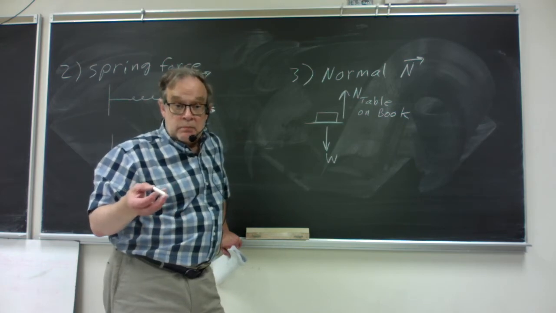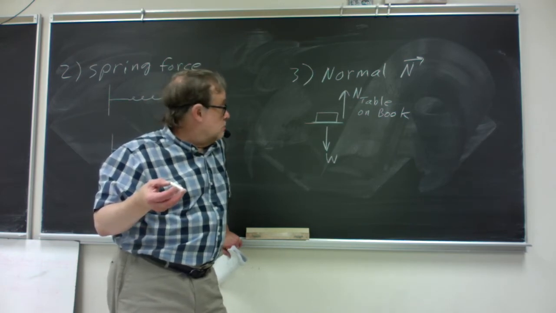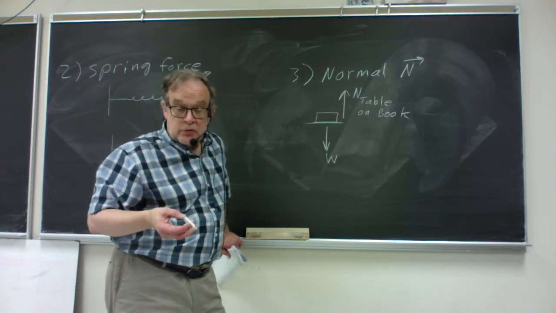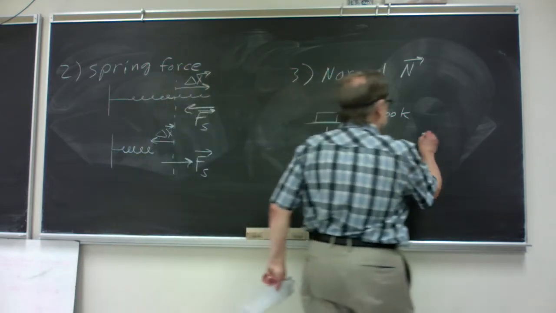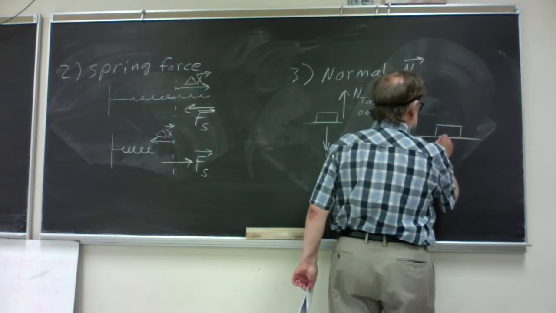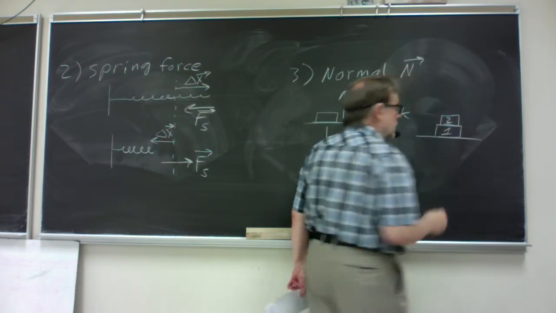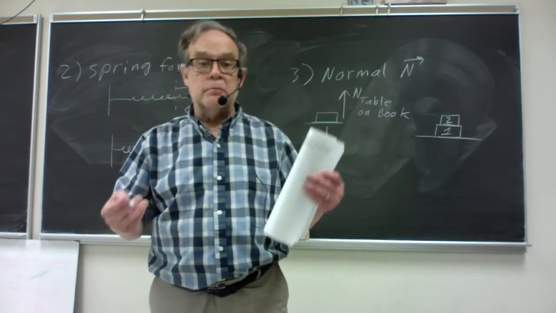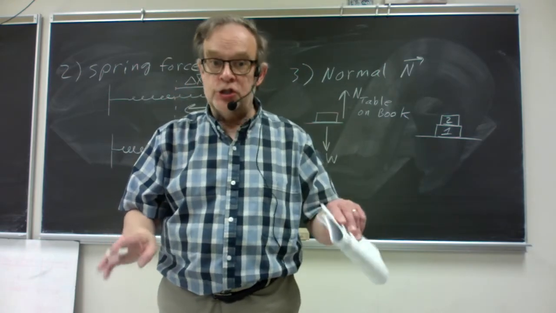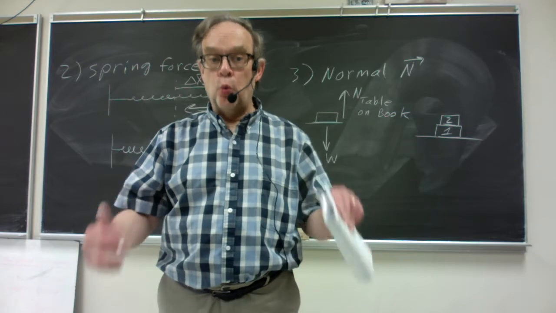One step more complicated. Imagine now two books piled on top of each other. This original book, call it book 1, and then another book, call it book 2, and let's think about all the forces acting on book 1, just the forces on book 1.